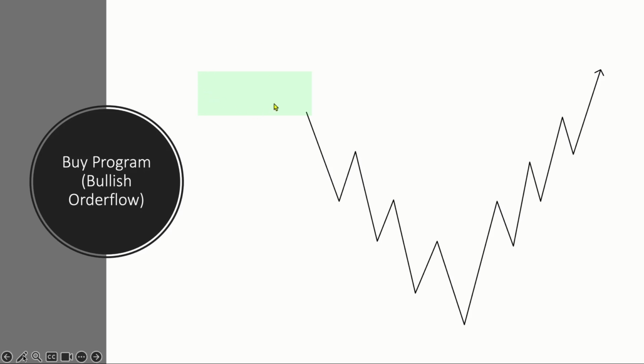Because if we understand that there's an original consolidation, there's sell side delivery into a price level where the market will likely reverse from if it reaches it during the right time period, our time of interest, and we then see a smart money reversal form and buy program unfolds, we can strip it down all the way basically to an arrow lower, arrow higher. But in reality, that is not how the market prints, because there will be retracements, of course. However, I am just sharing with you the importance of keeping your understanding of price very simple.